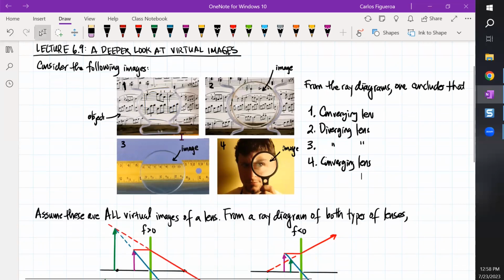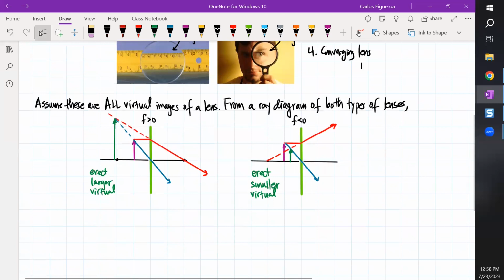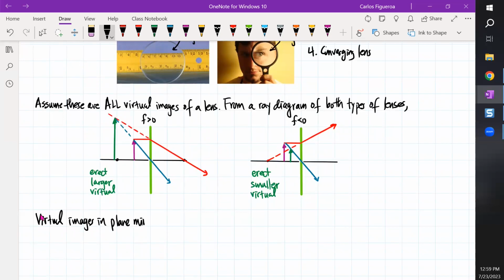Now, one image that we have not talked about is virtual images in plane mirrors.